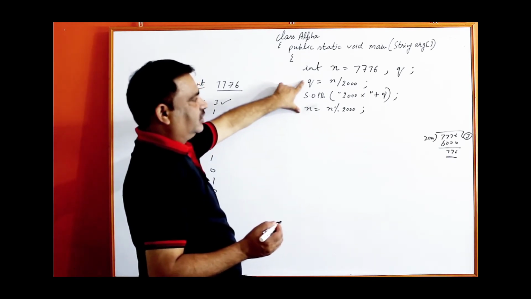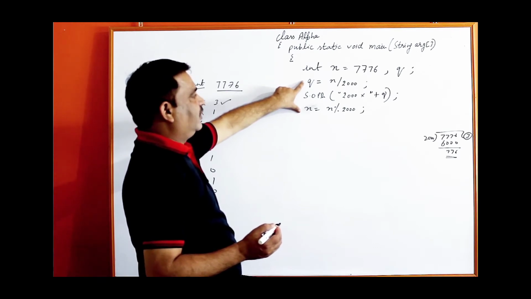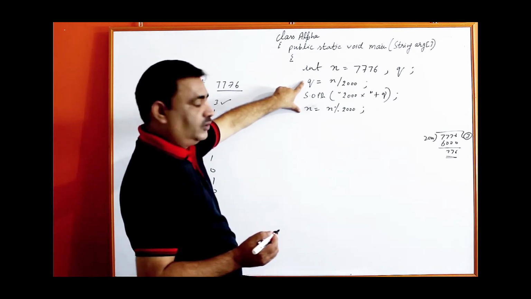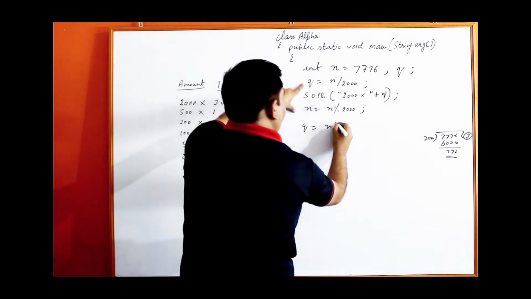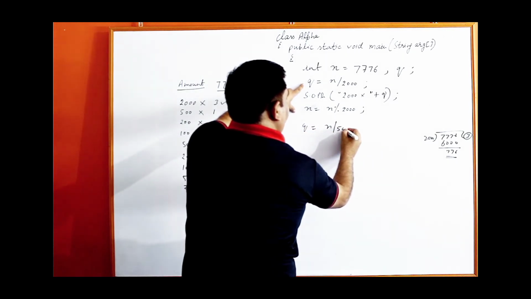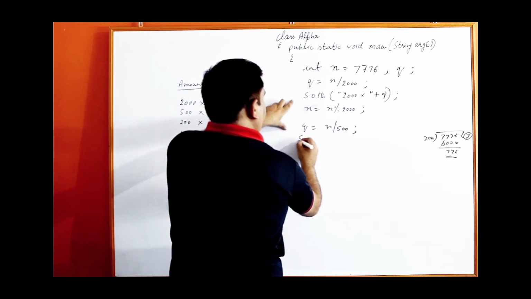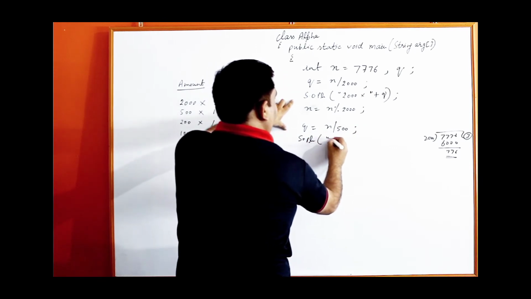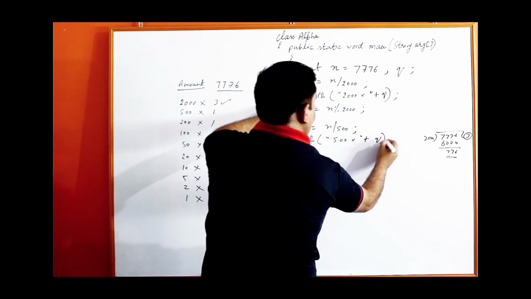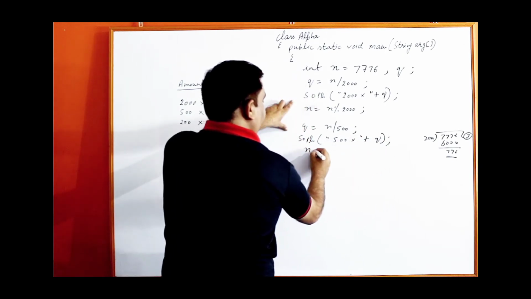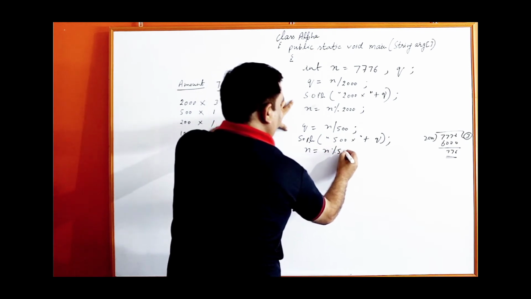Now the same process, these 3 steps, you have to apply on 500 rupees notes. It means q equal to n divide by 500, println 500 rupees notes q, and now again n equal to n modulus 500.